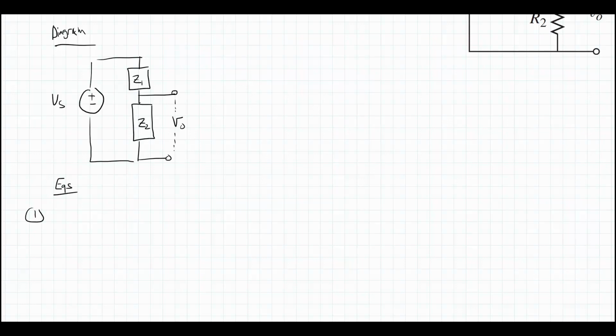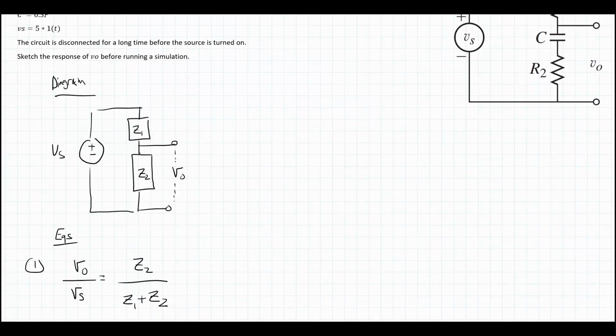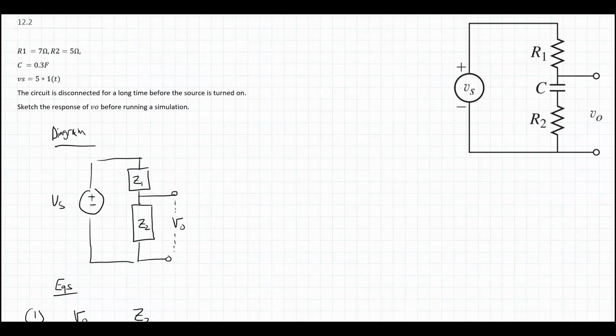Well, I can do that using a voltage divider in order to save time. So V out over Vs is going to be the impedance Z2 over the total impedance Z1 plus Z2. Now I do need to define my Z1 and Z2. Z1 is simply just R1, and then Z2 is going to be the capacitor and resistor 2 in series, so I can add their impedances together.